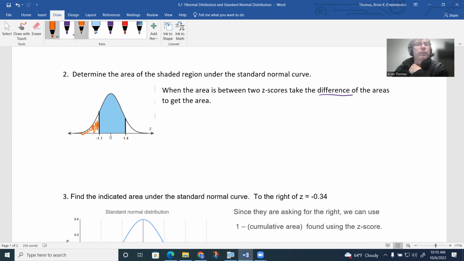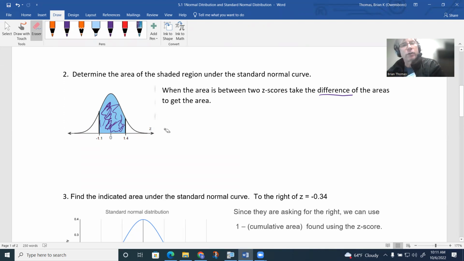The area of the second z-score, the 1.4, represents the area from all the way over here, all that as well. So we want to remove this part over here, and that gives us the area between the two. So all I have to do is find the area for these two z-scores and take the difference between them.